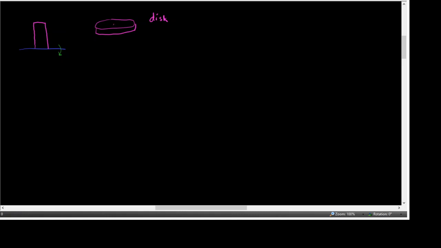So if you'll remember, and this is something that I hope that you remember from earlier work, the volume of a cylinder is the area of the base, which is a circle, so it's pi r squared, times the height. Okay, so the height here, h, is the height of the cylinder, and the radius is that.